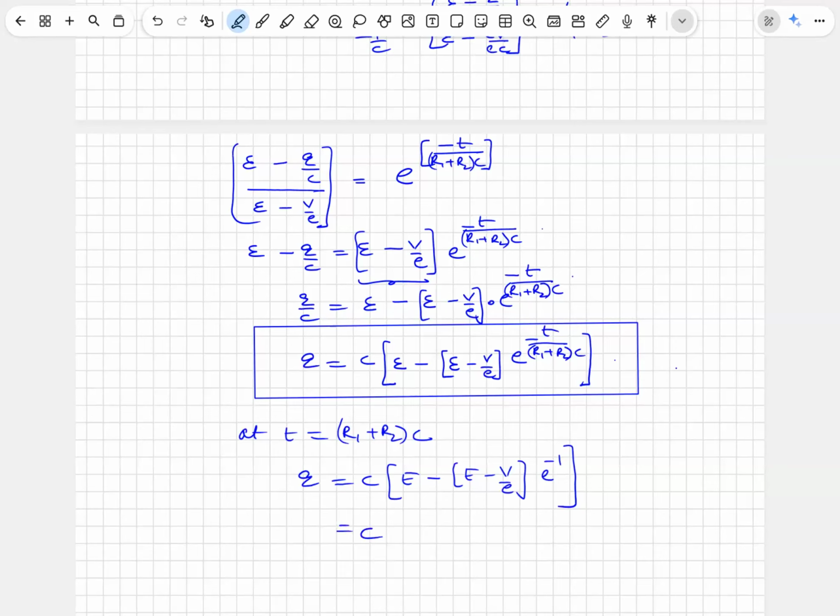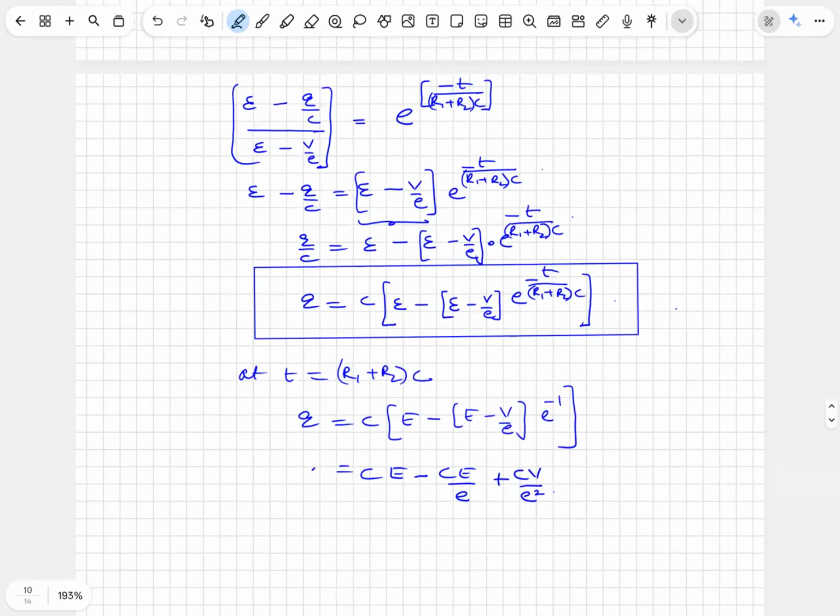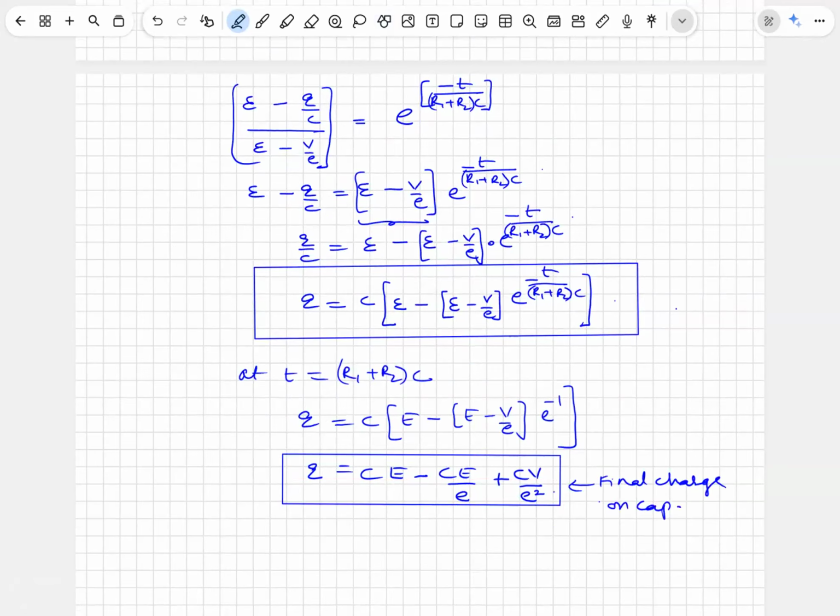So therefore, CE minus CE by E plus CV by E, that is CV by E square. This is the final charge on the capacitor at the instant that you have prescribed.